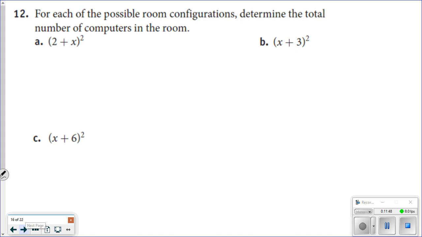But I can't just write 2 squared plus x squared and think that that's my answer. Remember, it's our set of parentheses multiplied by itself twice.